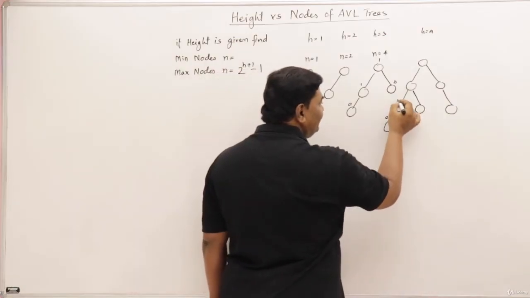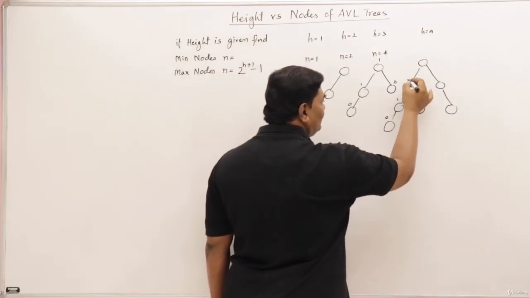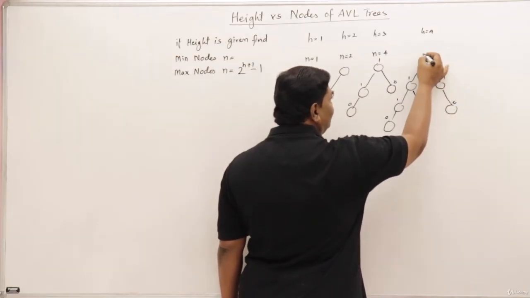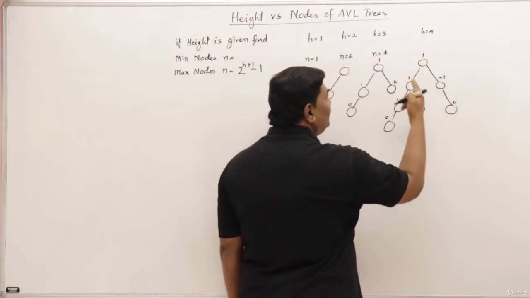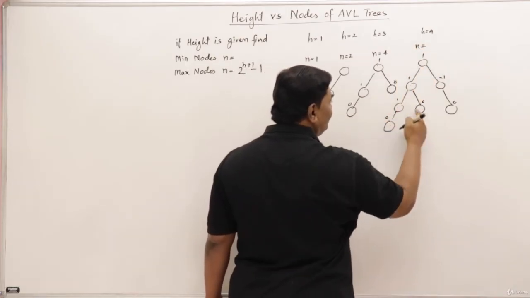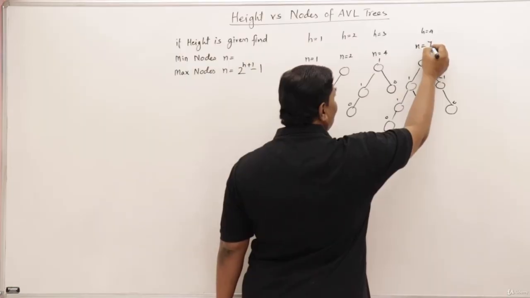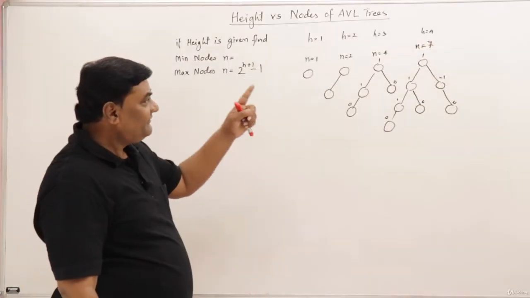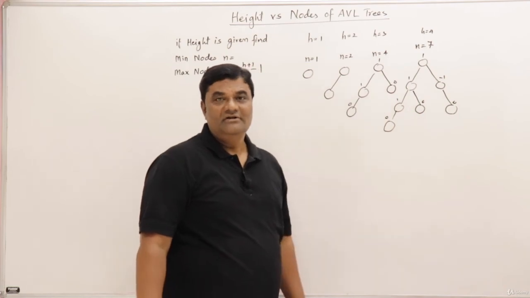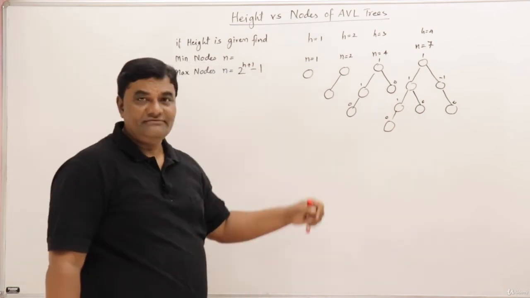Let us check: 0, 1, 0 and this is 1, this is 0, this is minus 1 and this is 1. Yes. So total how many nodes required? 1, 2, 3, 4, 5, 6, 7. Minimum 7 nodes required for height 4, where the heights are starting from 1 onwards.